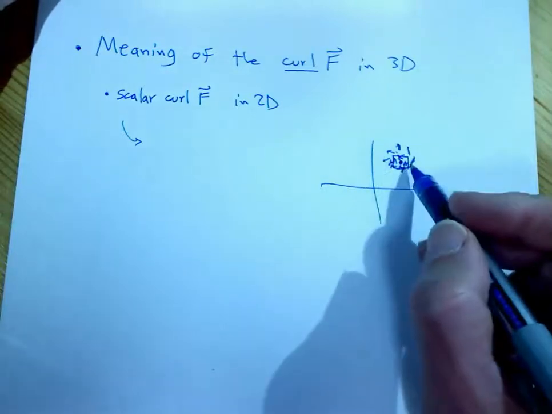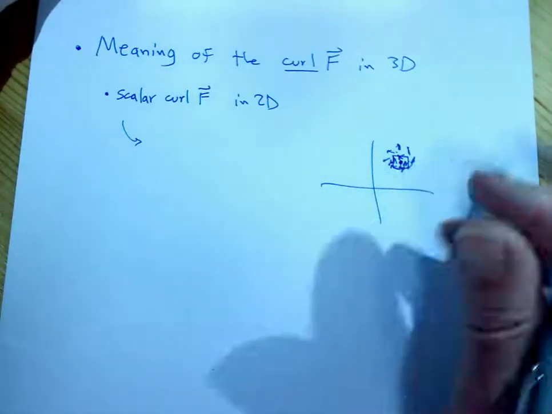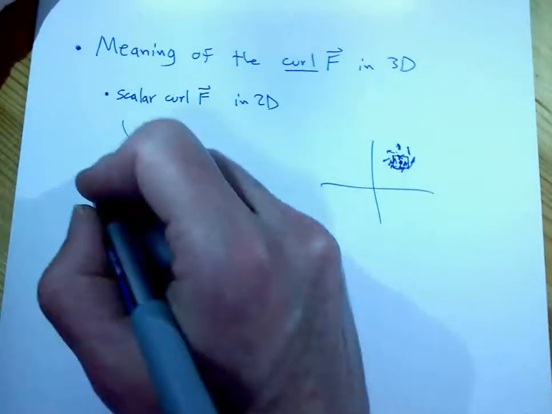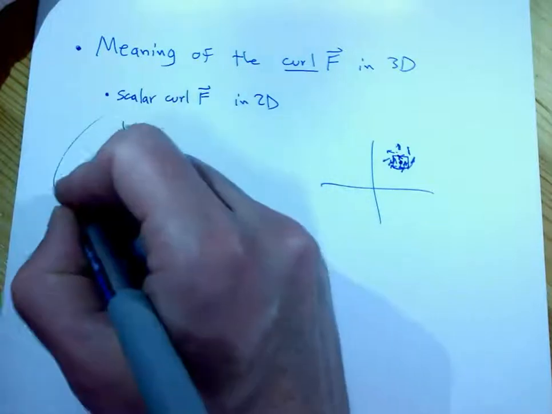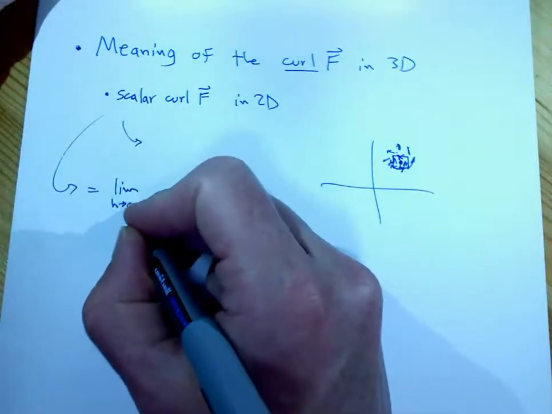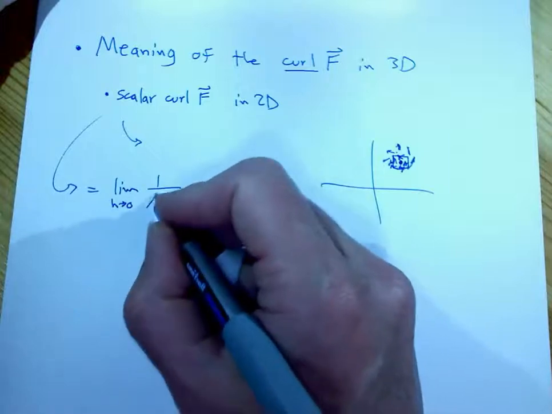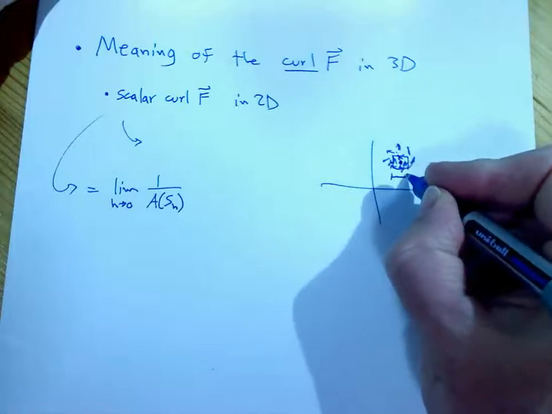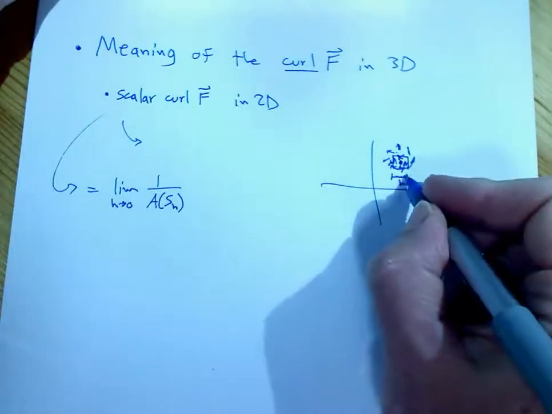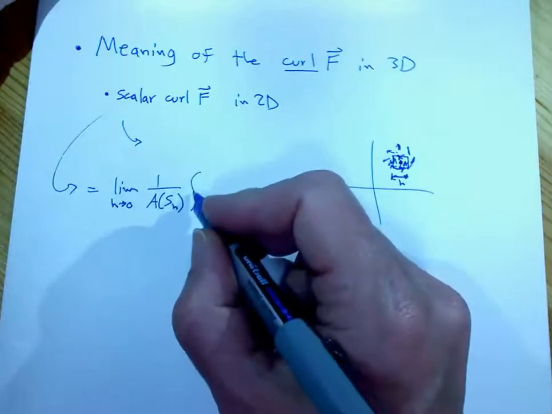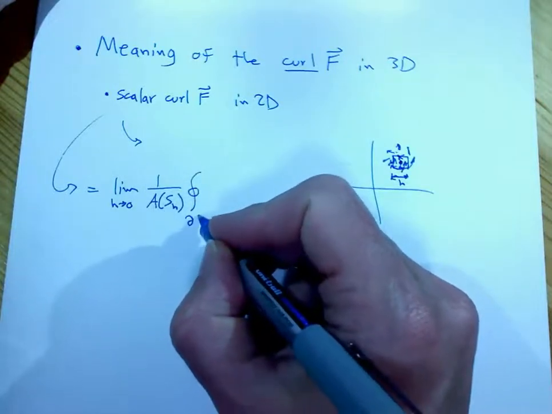And we look at the circulation per unit area. We look in the microscope, meaning we take the limit as the size of that goes to 0. And so we define this scalar curl to be the limit as a size parameter goes to 0, and let's say it's a square of side length h, of the circulation around the boundary of that square.